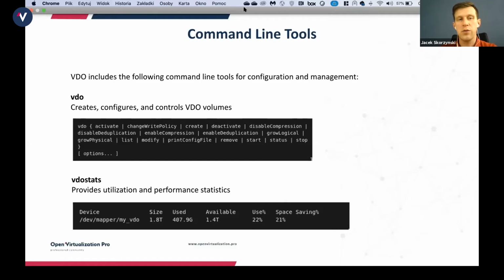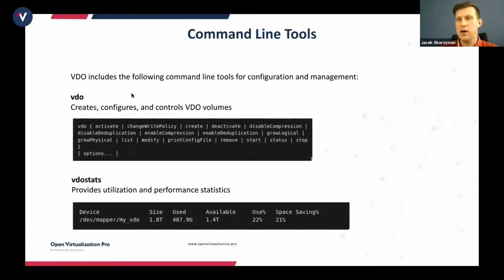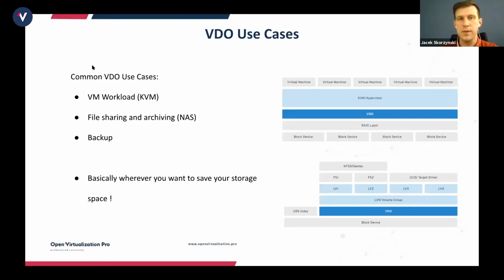For that we've got vdostats, and with vdostats we are able to find out what is going on with our storage, and of course monitor it, which is a crucial part with thinly provisioned volumes and also compressed and deduplicated volumes as well.